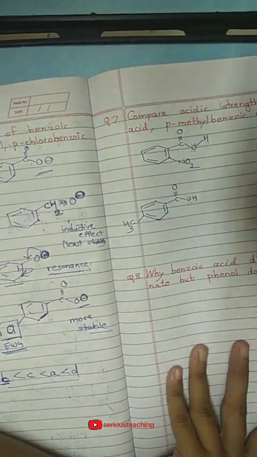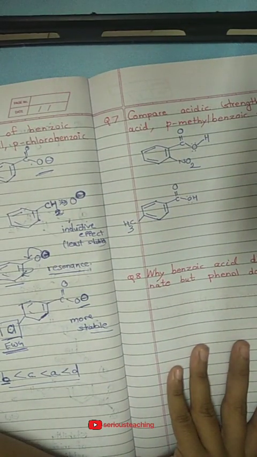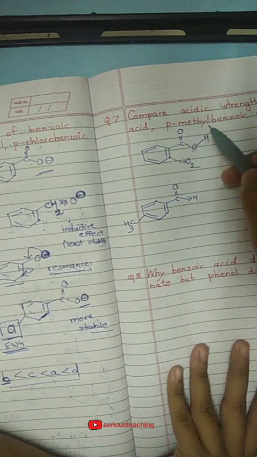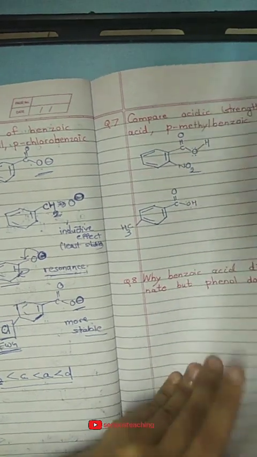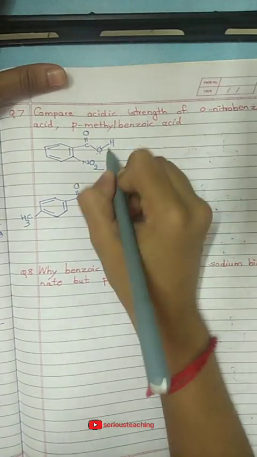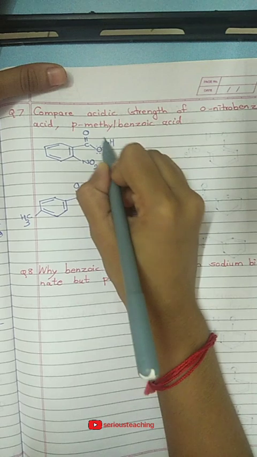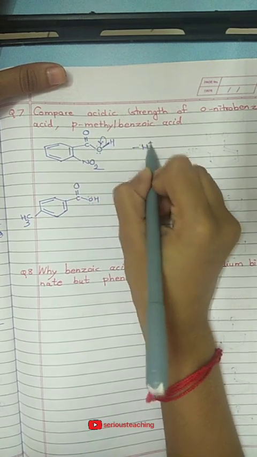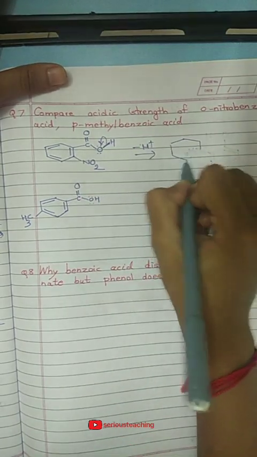Here we have to compare the acidic strengths of ortho-nitrobenzoic acid and para-methylbenzoic acid. Okay, so it is the easiest question, I think, of the ones we have solved. See here, this is the acidic hydrogen. When we remove the acidic H plus, what will we get?